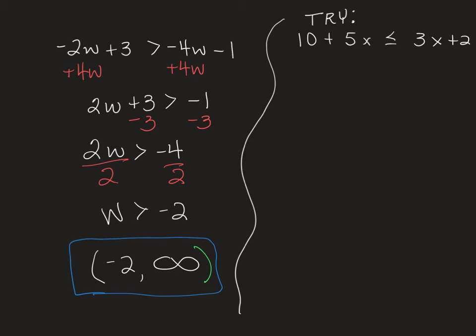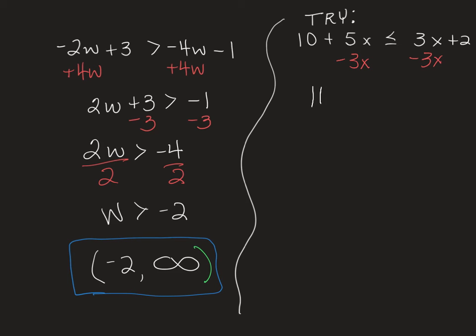Try the next one. So again, it says 10 plus 5x is less than or equal to 3x plus 2. I prefer my variables on the left-hand side and my constants on the right. You can have it different. You can move your variables to the right and your constants to the left. We will still get the same answer.